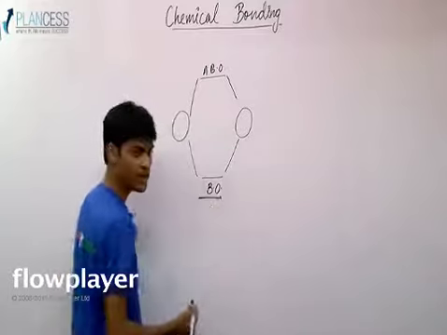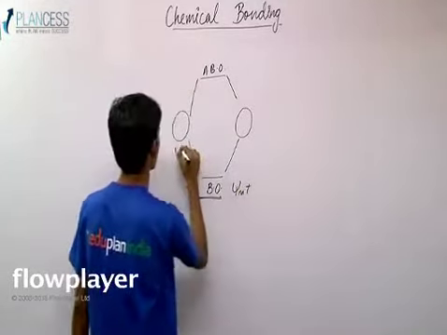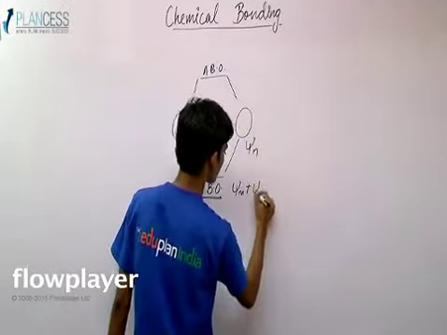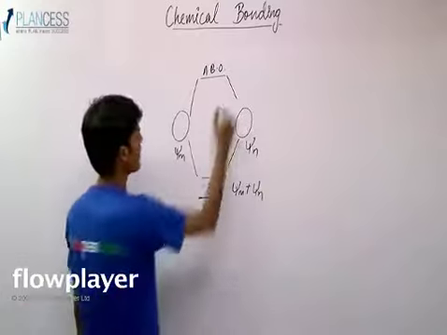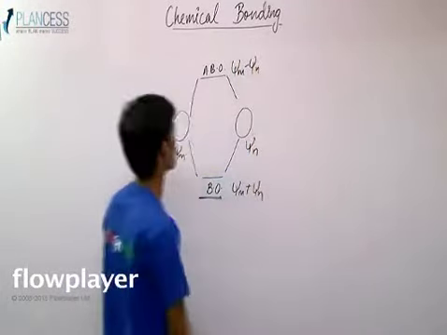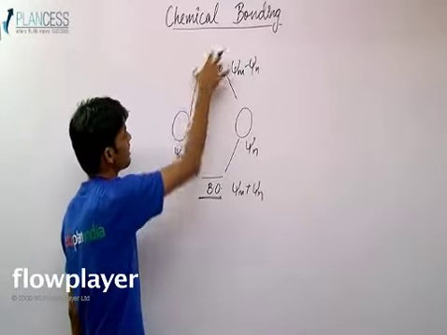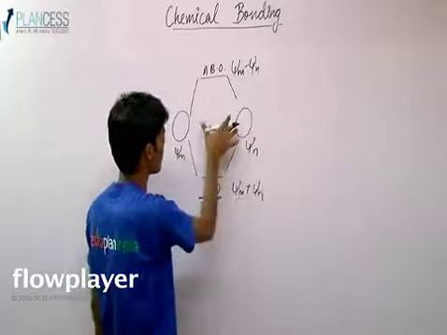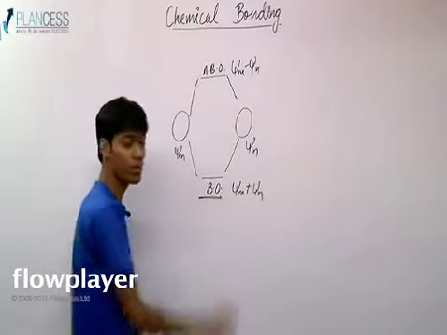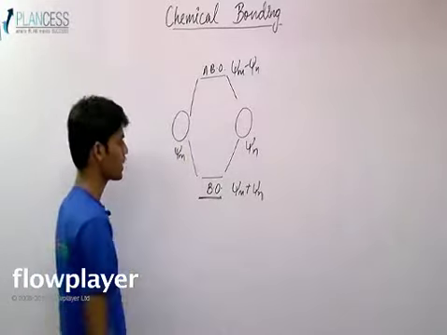This indicates the summation of waves, the positive superposition, if this is psi m and this is psi n, and this is formed due to the negative superposition of the waves. So the energy of the antibonding orbital is higher than the individual atomic orbitals that combined, and the bonding molecular orbital has energy quite less than the individual atomic orbitals.